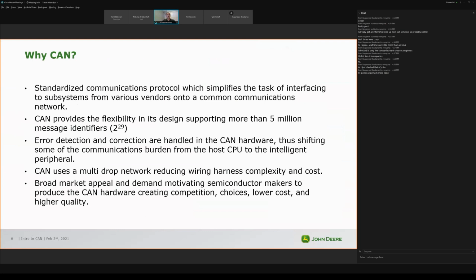CAN also gives you a lot of robustness in the sense that it can detect errors in the frames or the physical layer itself, so the CPU doesn't have to process each and every piece of data coming through. The CPU will know whether there's an error, and if there's no error, then it can handle the data.